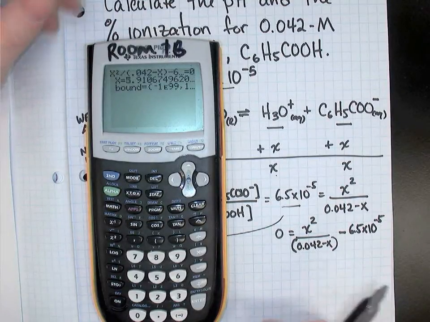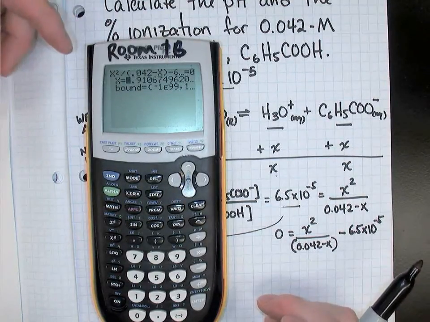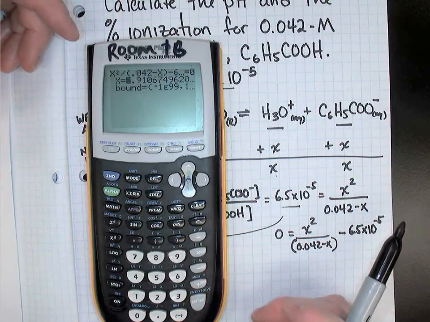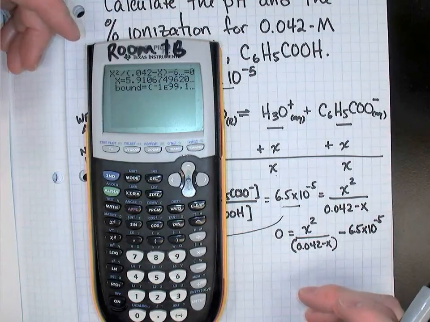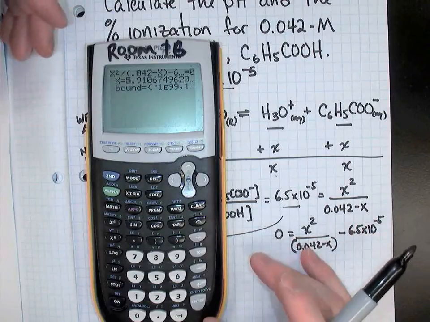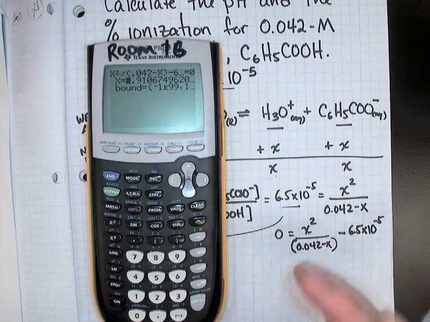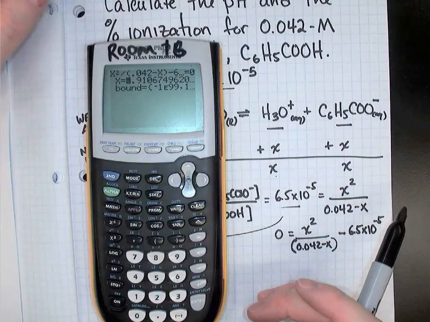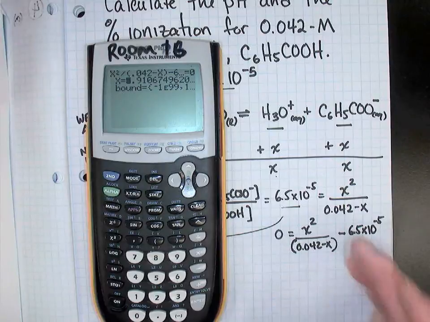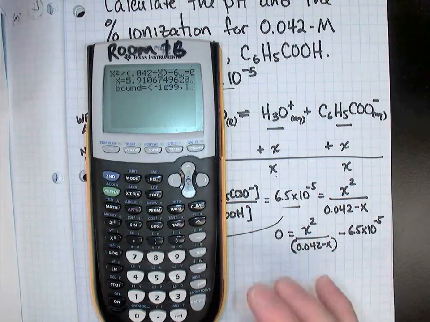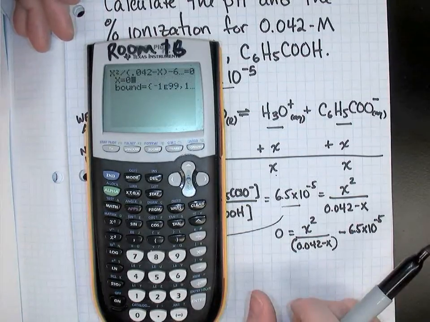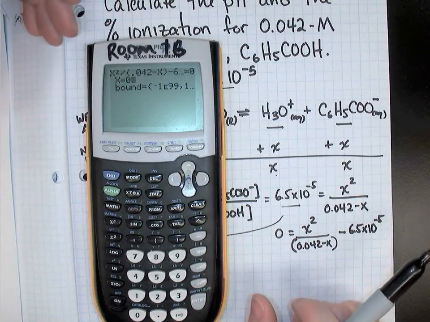And the way the calculator works when it solves an equation is it requires that you, at this point, give it a guess. You have to type in a number that you think is going to be close to the answer you want. Now, in this chemistry problem, our answers have to be positive numbers, since these are concentrations, but they're usually very, very small concentrations. So 99.99% of the time, a guess that will work in a chemistry question like this will be 0. We're saying that our answer is probably close to 0.